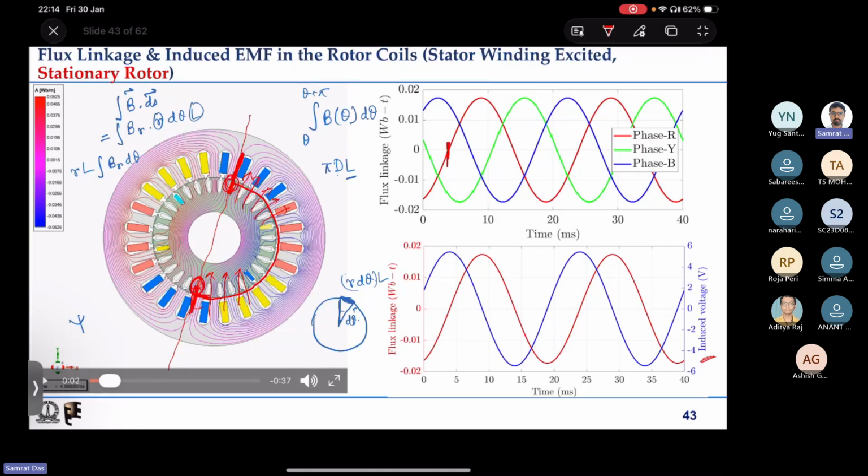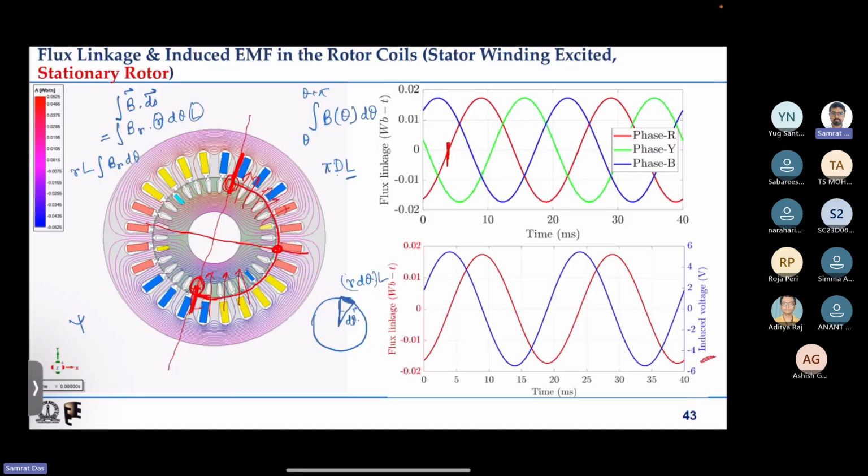The R phase coil has 0 flux linkage, and as it moves ahead, when it reaches a position like this, you can see that the axis comes at the middle of the surface that we are supposed to integrate over in order to calculate the flux. That means all over this surface, the flux is positive everywhere or negative everywhere.